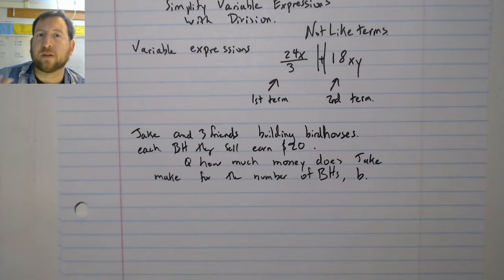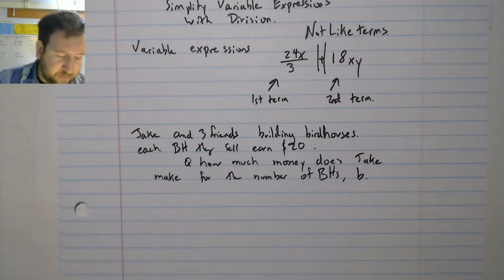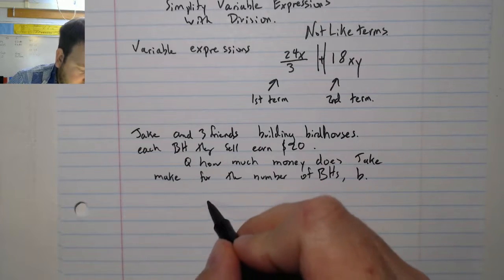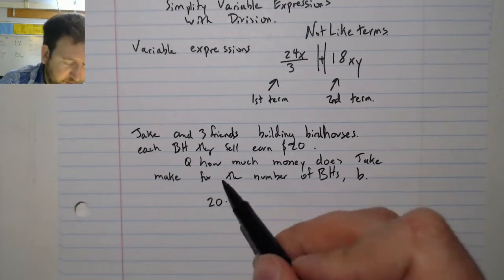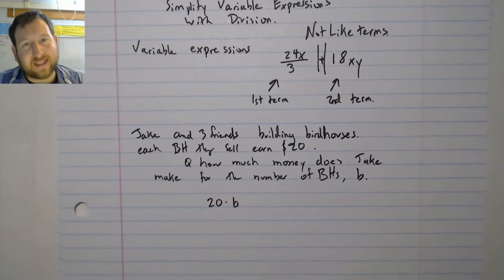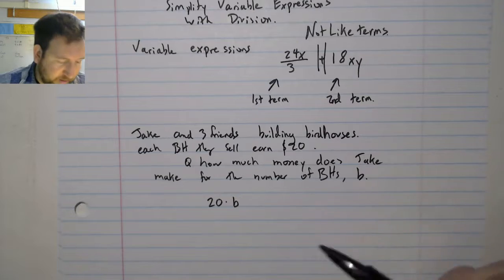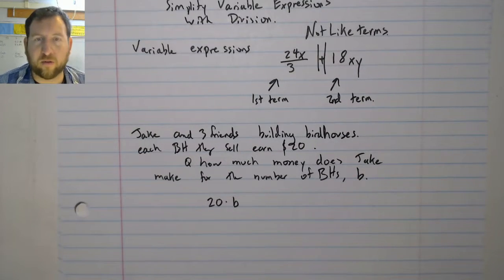So I need to build an expression that would show how much just Jake earns. So I can see that their total cash that they're going to earn is 20 times B, right? Because each birdhouse is worth 20 bucks. But Jake doesn't get to keep all of that. How much of it does he get to keep? Well, he has himself and 3 friends, so that means there's 4 of them total.